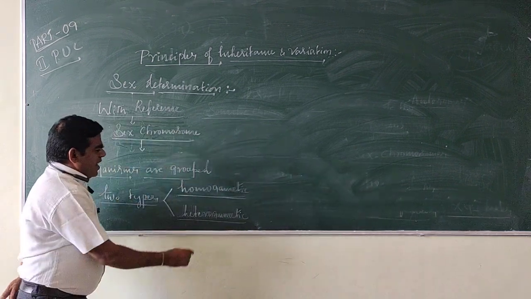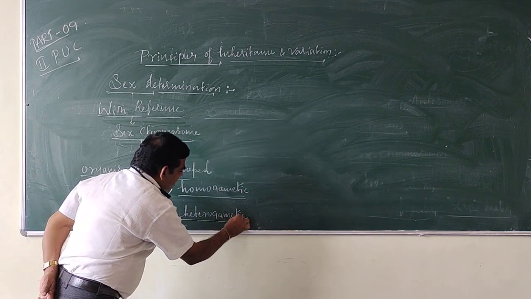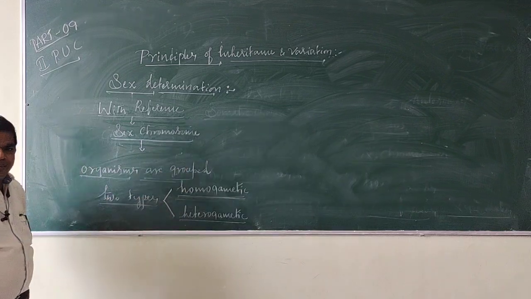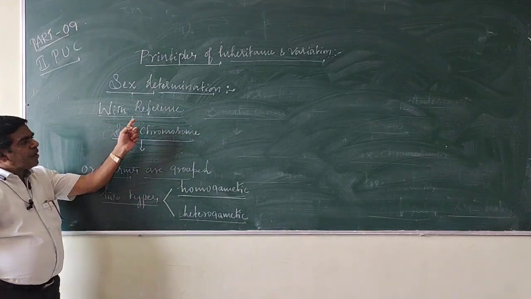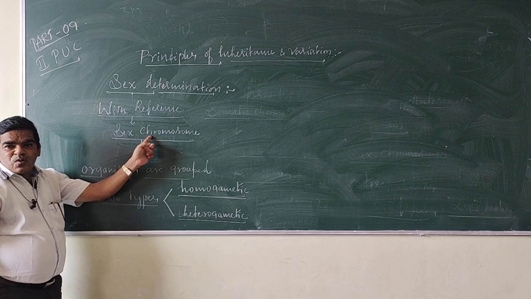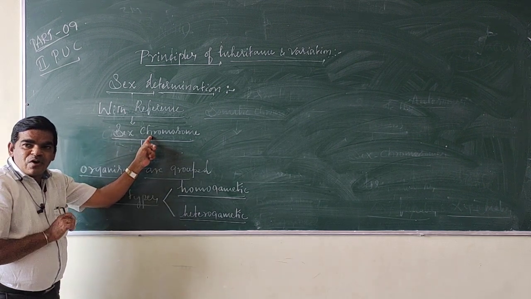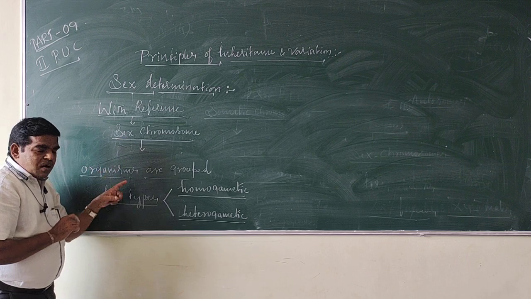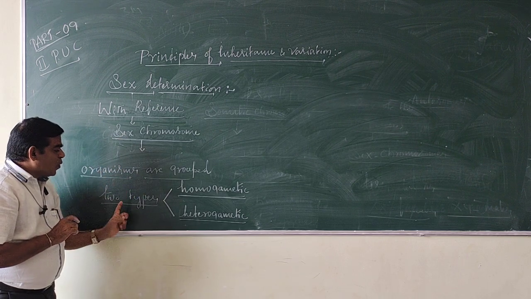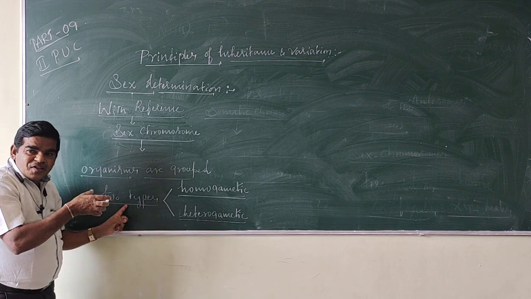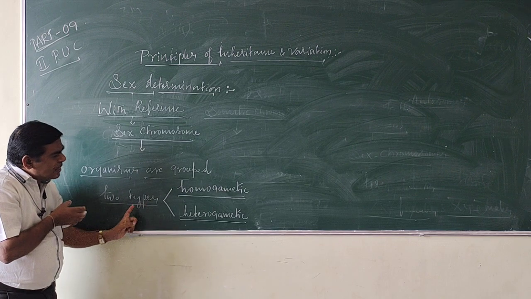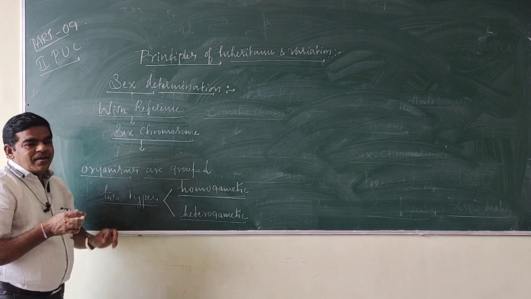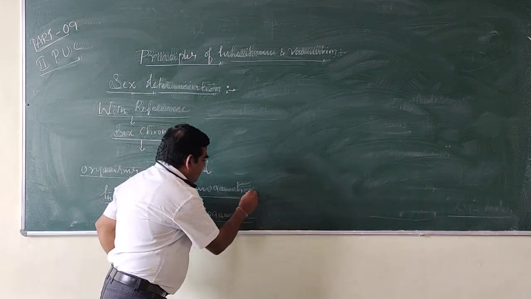With reference to sex chromosomes, which are also called allosomes, organisms are grouped into two types: homogametic and heterogametic.